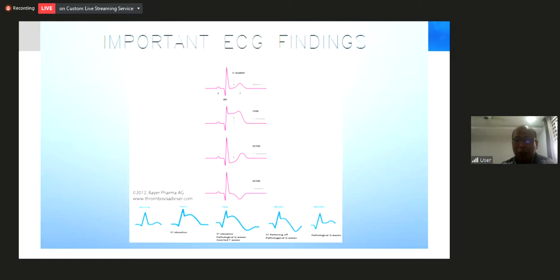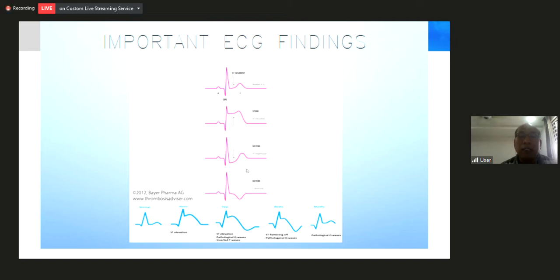I don't want to discuss the ECG in depth because we have discussed it with you before. This is again an important ECG finding. Can you see this is the J point, and is there any ST depression from normal? This is your normal baseline, and the J point is here, where the S meets the T. How many millimeters is this? Then again here, your normal baseline, the J point is here.